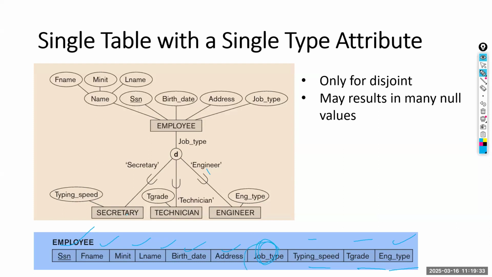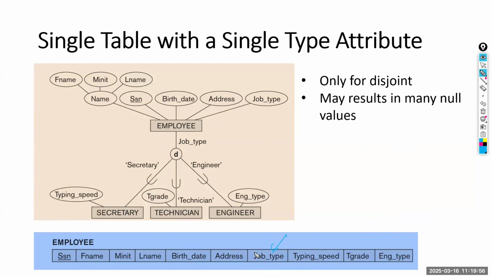So job type will have either secretary, engineer, technician, or maybe none. So this is one possible approach. It definitely works when it is disjoint because your job type must have only one value.